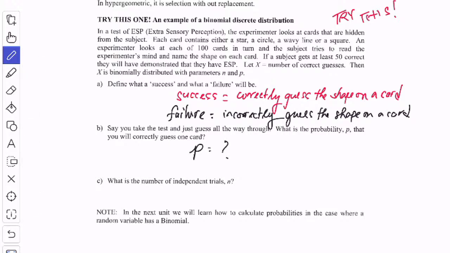In other words, Gerardo said 50%. What do you think of that? Any comments?